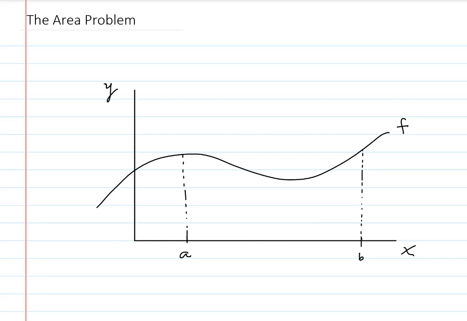but they started thinking about ways to approximate this area. One of the ideas they came up with was, what if we split this region into sections that are easy to compute areas of? Let's split this interval from A to B into equal sections.